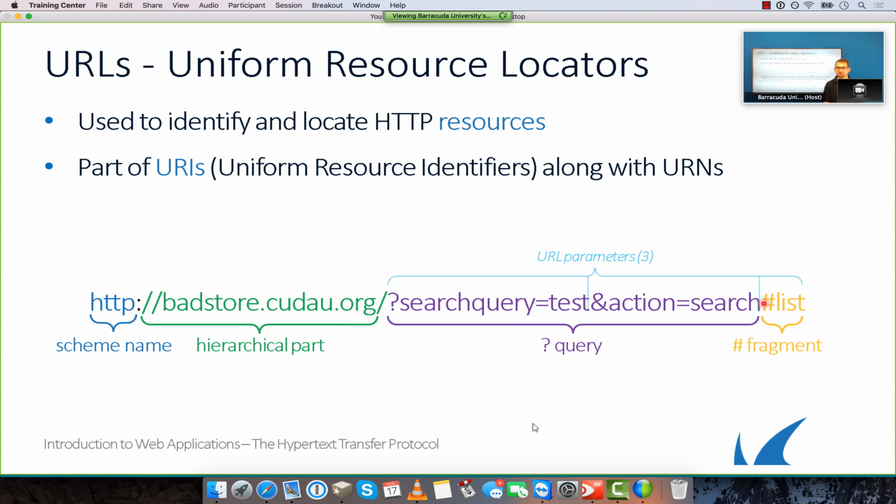A fragment will allow you to identify a specific part in a page of a web application. Let's say that, for example, you want to see the history of Germany. So you go to Wikipedia, and you get the whole article for Germany with economy, culture, and history.